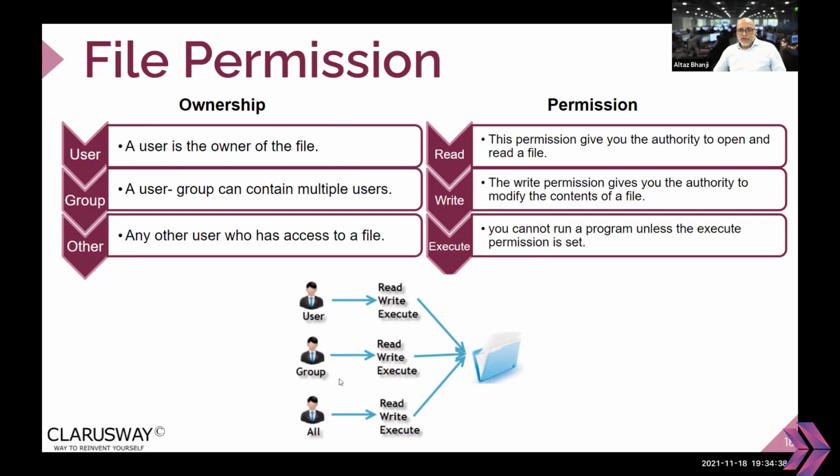You can have the user, the group, and everybody else. And what permissions do each of these entities have? Well, they're going to have one of three permissions. They're going to have permission to read, permission to write, or permission to execute. So you can have none of these, one of these, or more than one of these for any file.